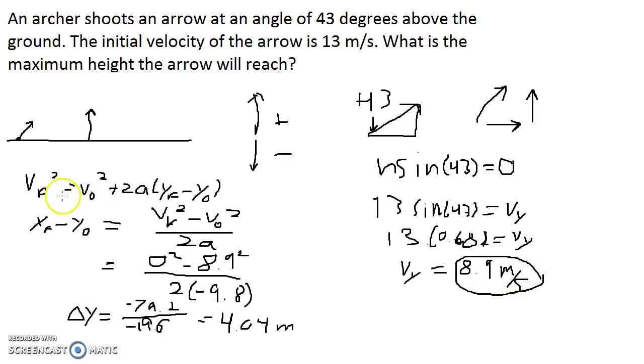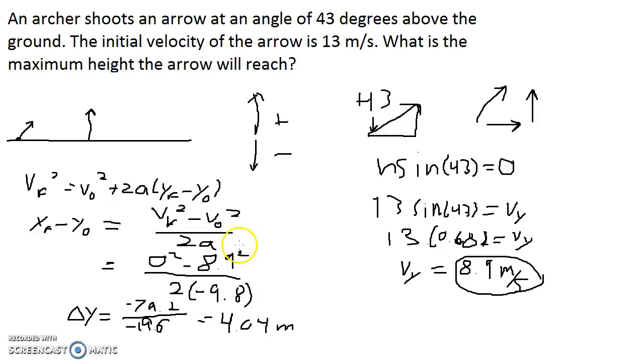We found the ideal formula for all the knowns and the unknown that we needed. We solved for the variable we needed, then plugged in the knowns and found the unknown. So the maximum height that the arrow will reach is 4.04 meters above where it was launched.